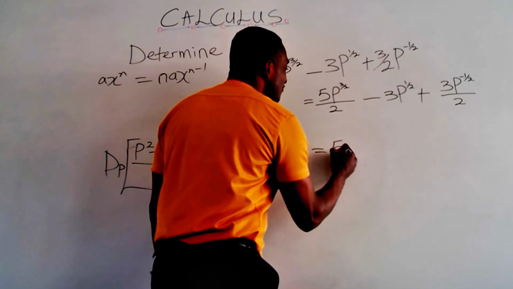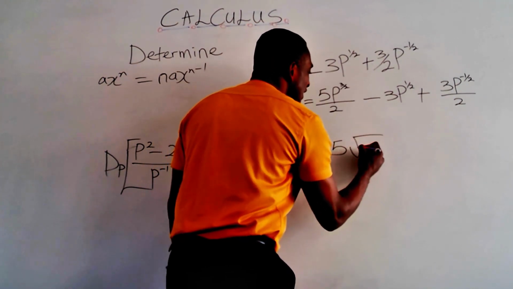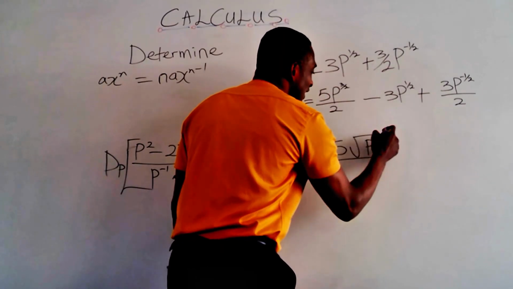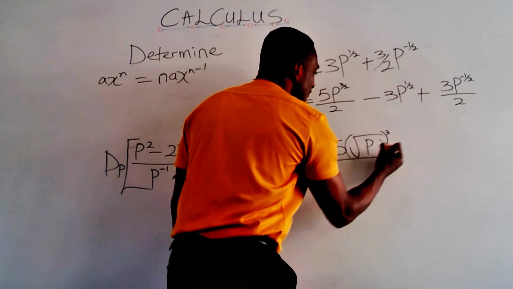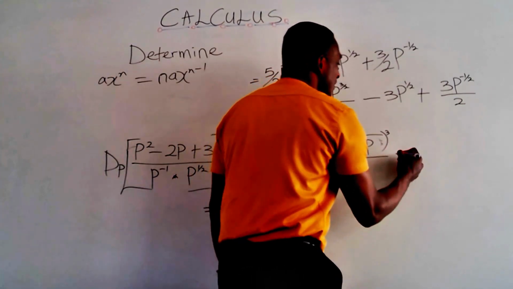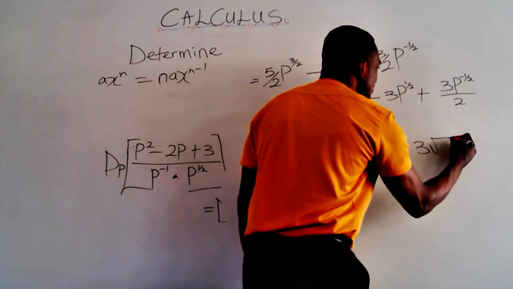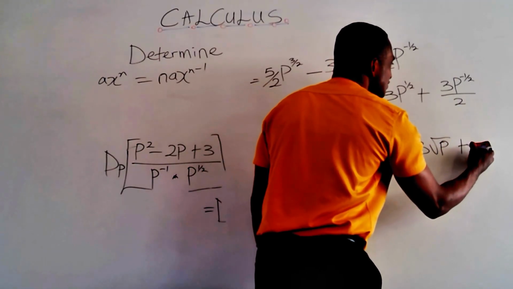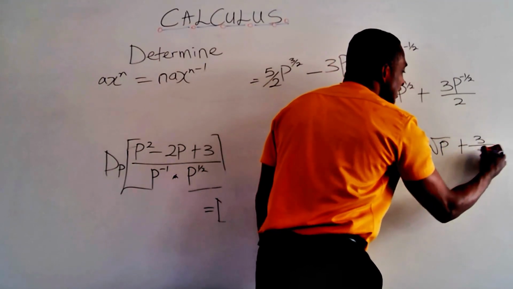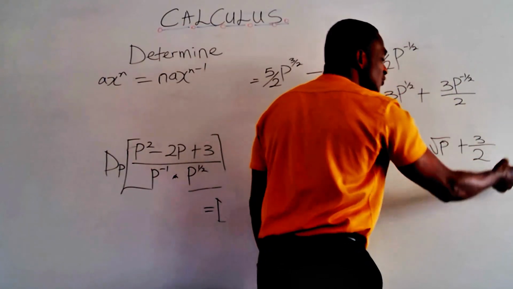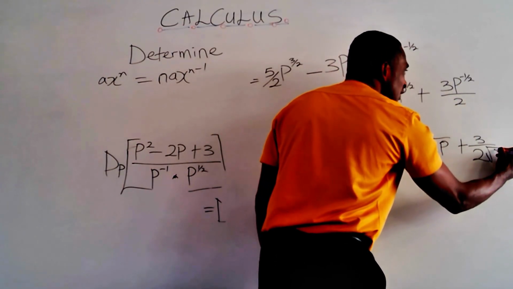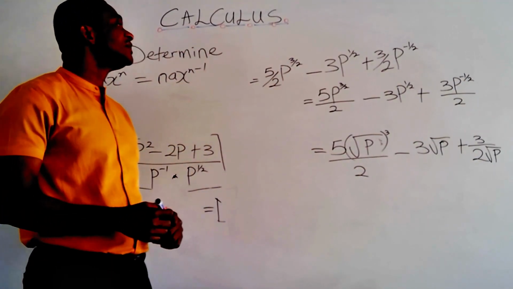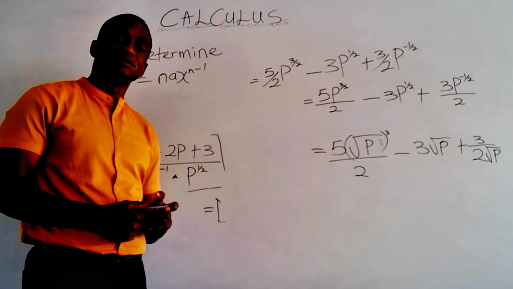So I have 5 times the square root of p cubed all over 2, minus 3 square root of p, plus 3 over 2. Because this is negative, it will come down and become square root of p. So this is our answer presented with positive exponents.